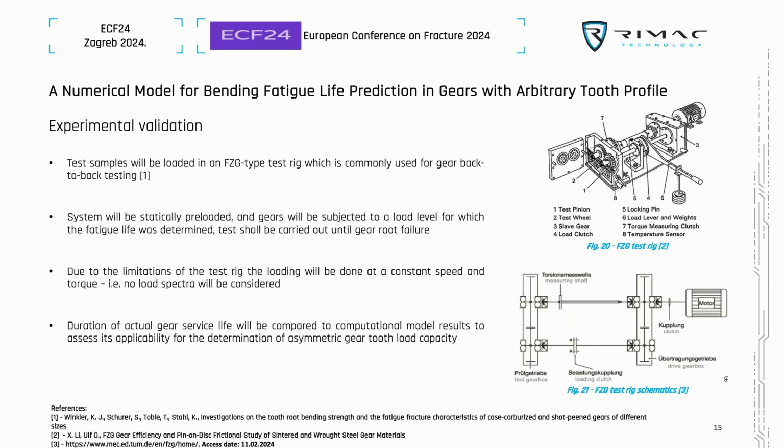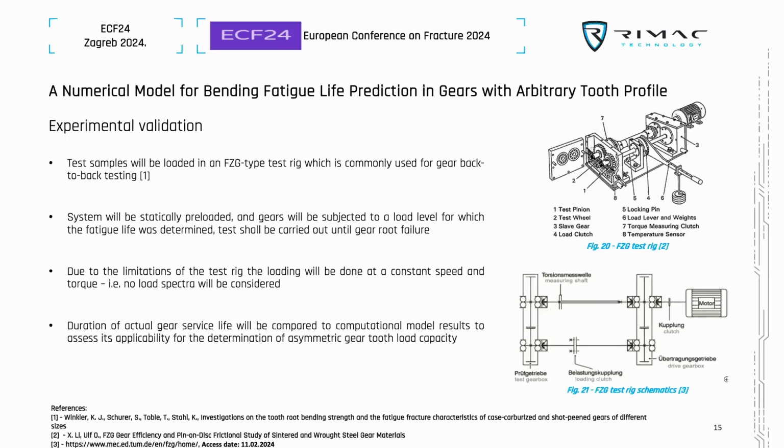So the criterion is the complete failure of the tooth root, the breakage of the tooth root. The results of such a test for a number of test gears will be compared with theoretical predictions, basically to evaluate the suitability of this proposed model for determination of load capacity of gears with asymmetric tooth profile.